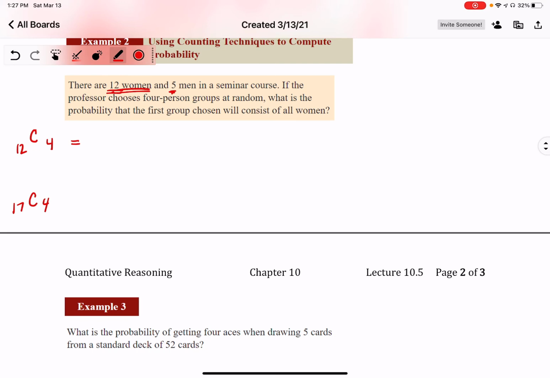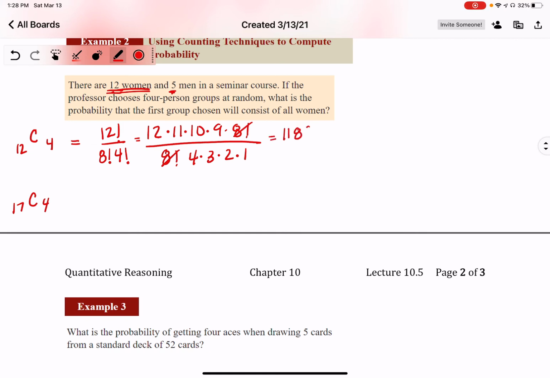So to write this first one out, we need to take 12 factorial, and then 12 minus 4, which is 8 factorial, 4 factorial, and the 8 factorials cancel. That gives 495 possible ways to have all women.